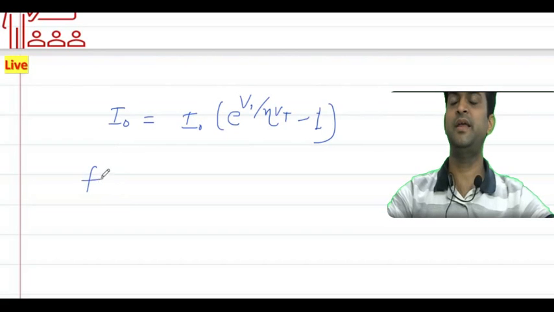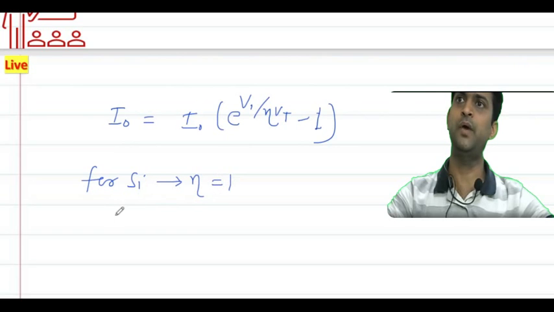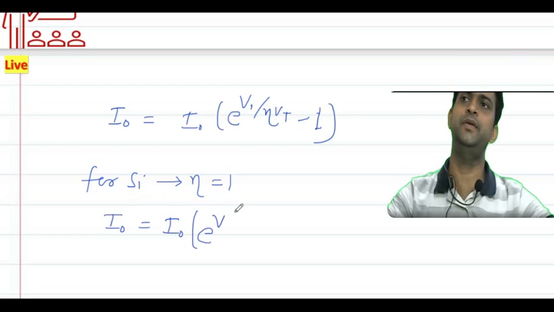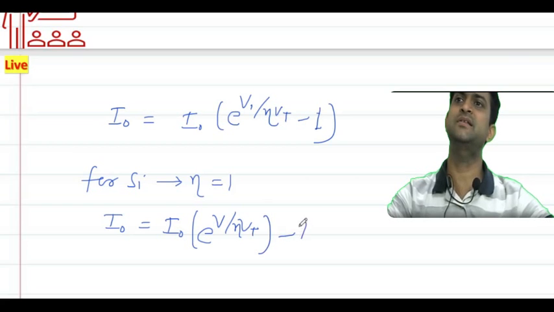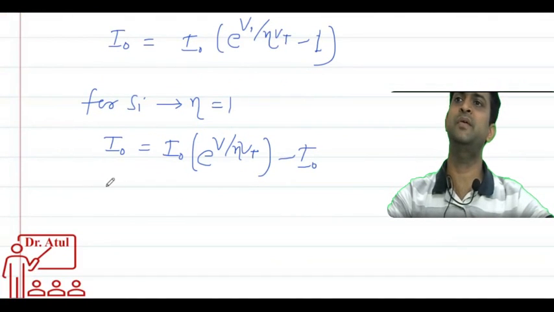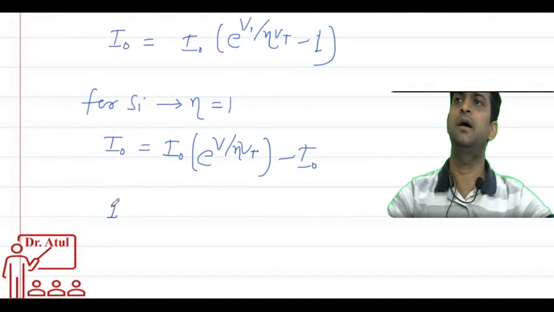We know that the ideality factor eta is equal to 1 for a silicon diode. Therefore I naught equals I naught e to the power V1 upon Vt minus 1. Dividing by I naught, the equation becomes 1 equal to e to the power V1 upon Vt minus 1.